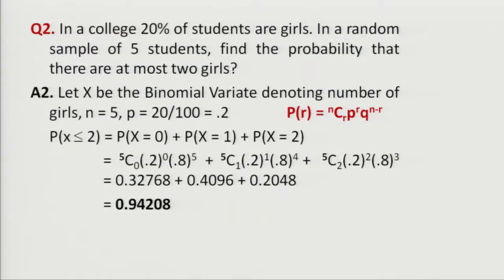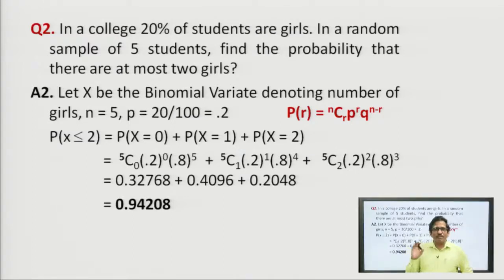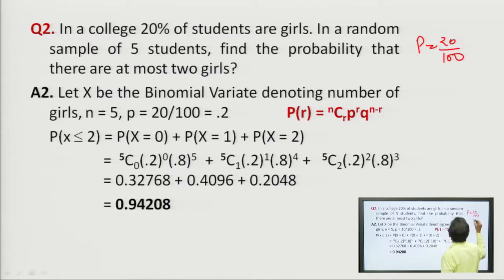In a college where 20% of students are girls, in a random sample of 5 students for a party, a picnic or a trip, find the probability that there are at most 2 girls. In that particular college, 20% of students are girls. So what is the probability of a girl student? The probability of a girl student is 20 upon 100, which is equal to 0.2.